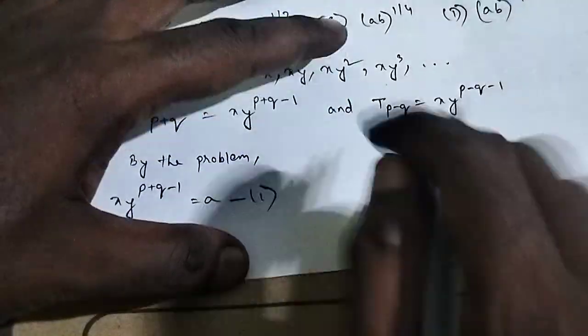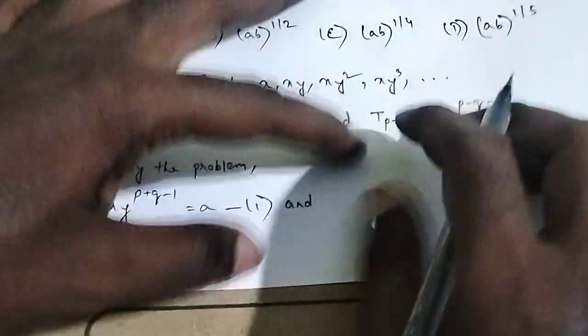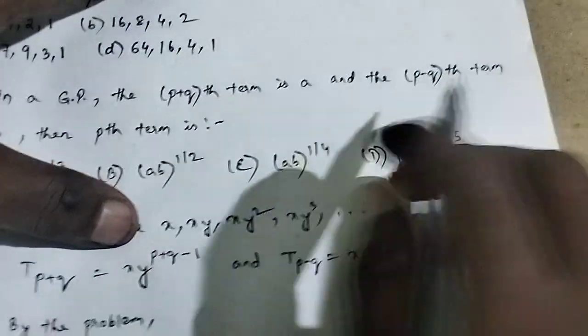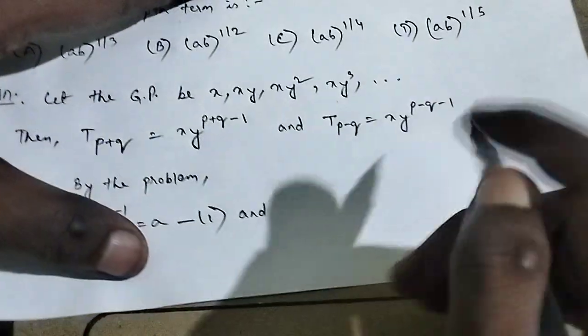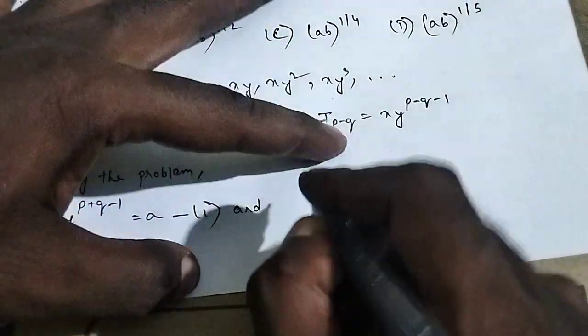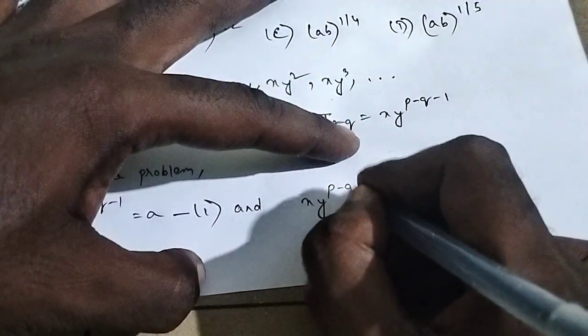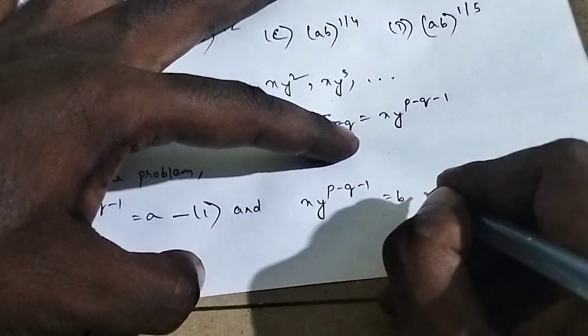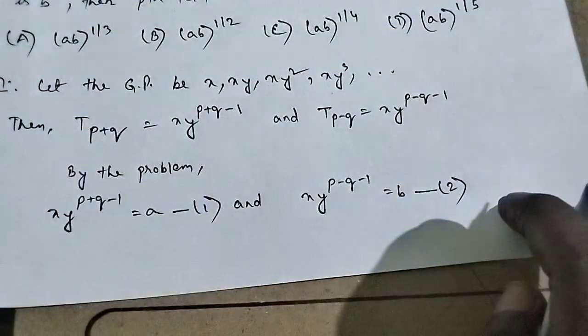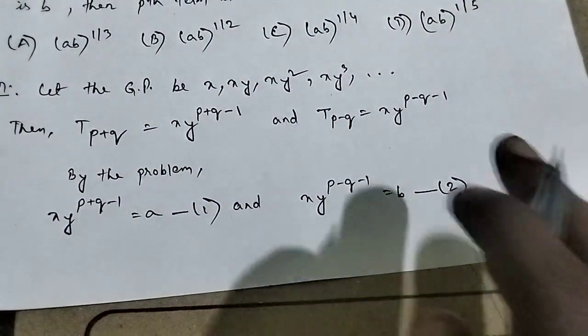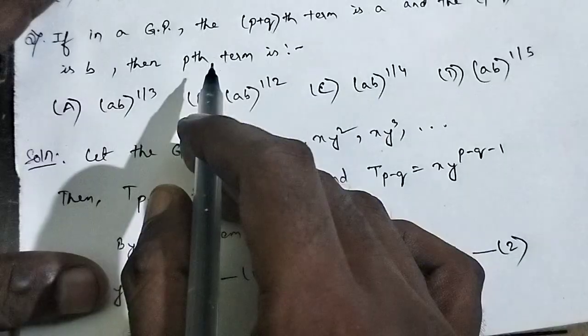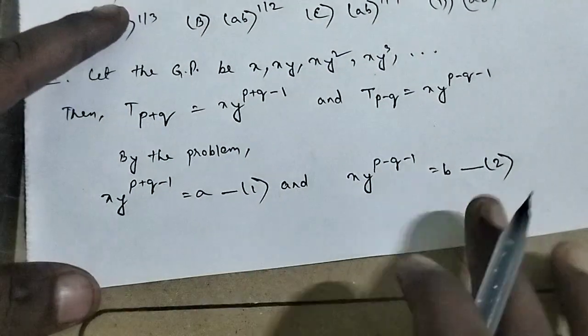And the p minus qth term is b, that means xy to the power p minus q minus 1 is b. Name it as 2. We have to find the pth term, right?